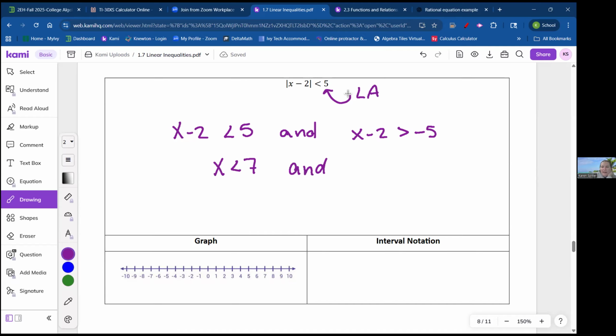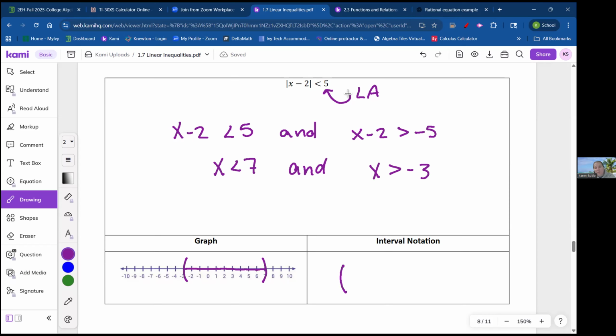And add 2. X is greater than -3. So this guy is between -3 and 7. So there's our between graph.